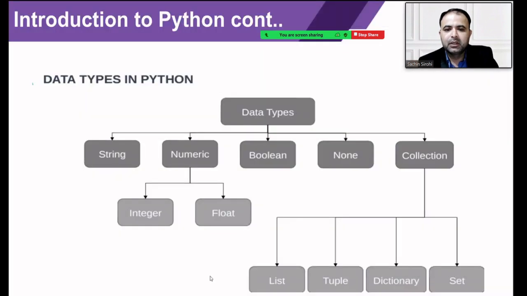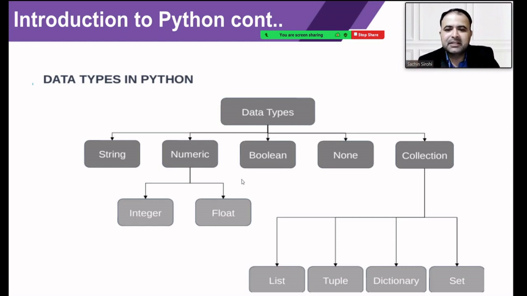Now the question is about data types, which are very important. If I want to store multiple values, the value can be integer, string, or float. So what is exactly the type of the value?